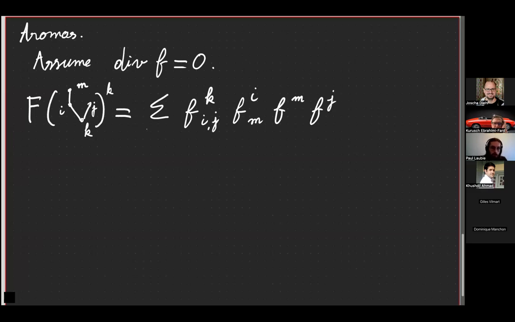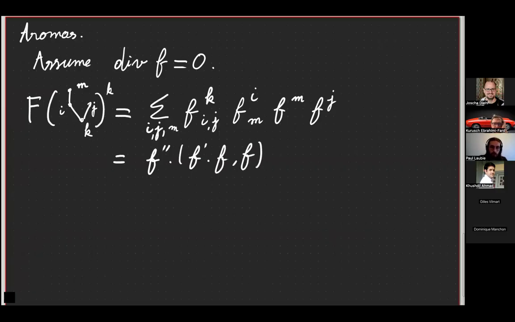And the sum is over i, j, and m. And this is indeed what we want it to be, the k-th coordinate of this one.